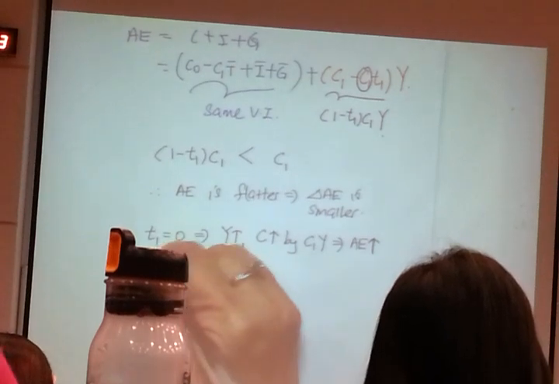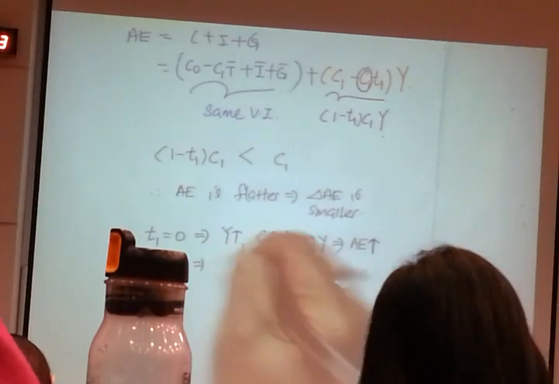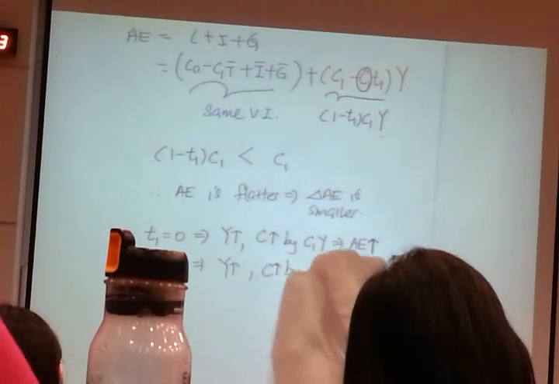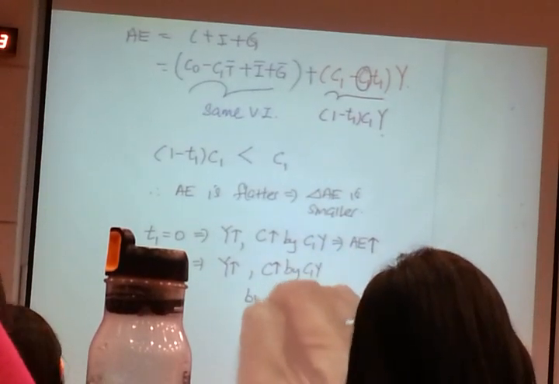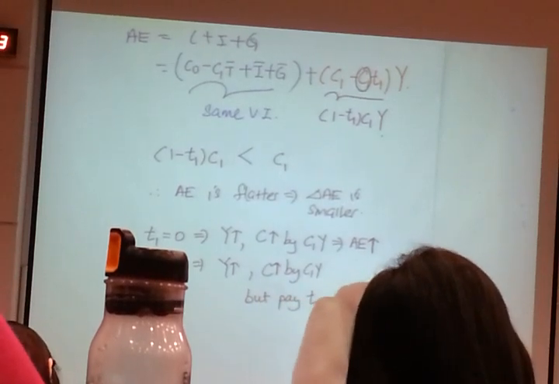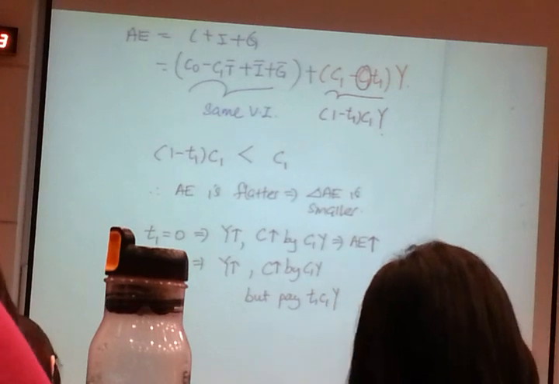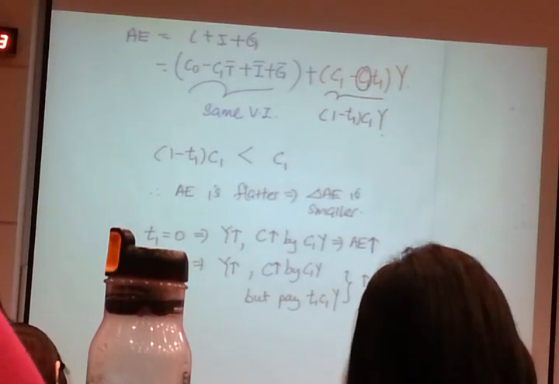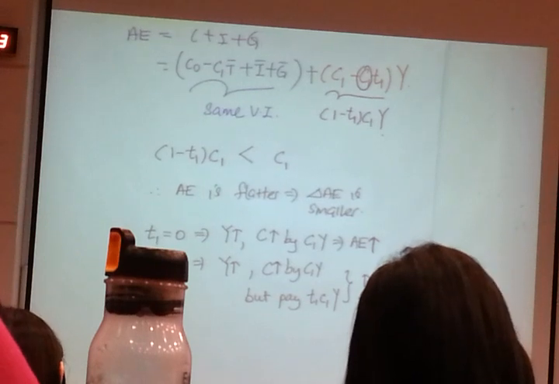Now if T1 is positive, what does it mean? Income goes up. You still want to spend by C1Y, but you need to pay T1 C1Y. So in other words, the increase in C is smaller.